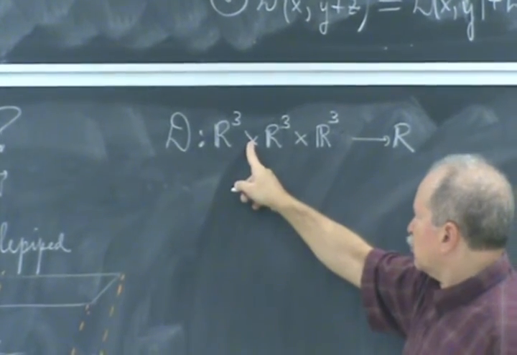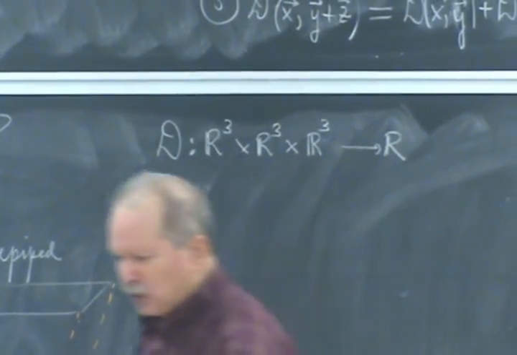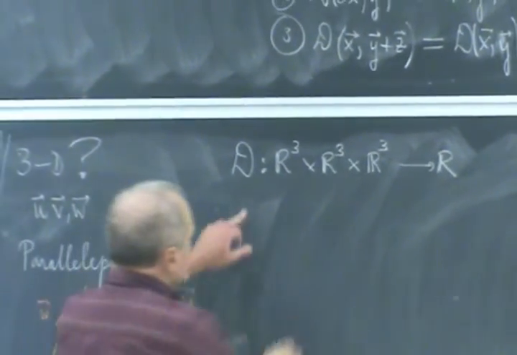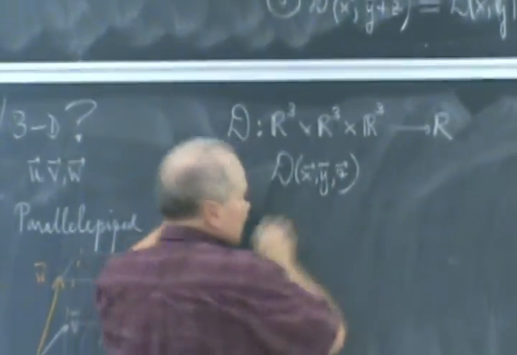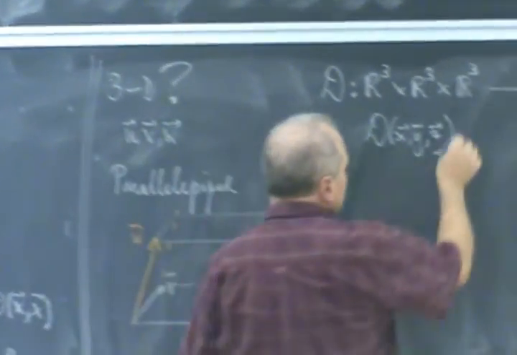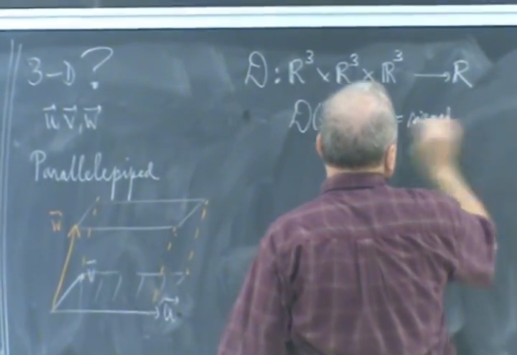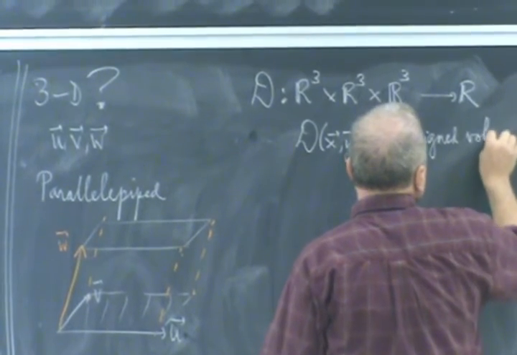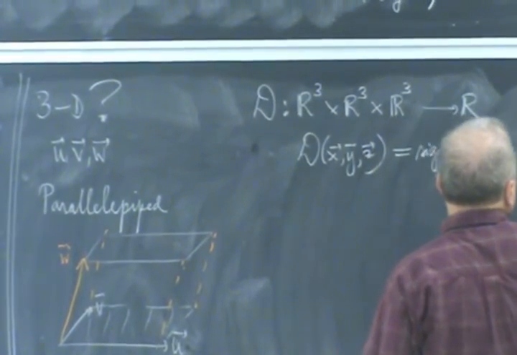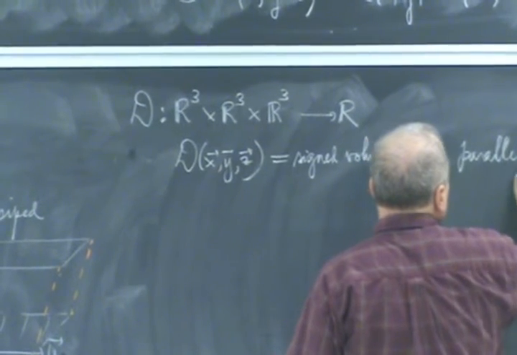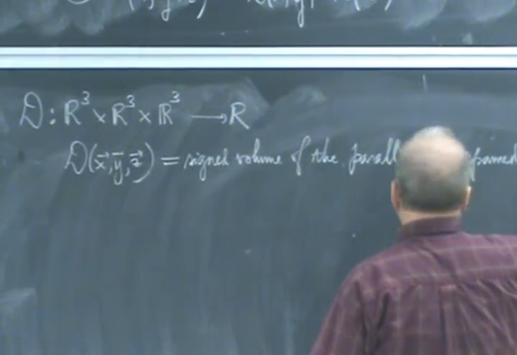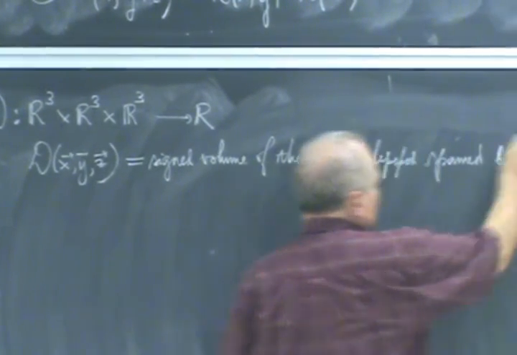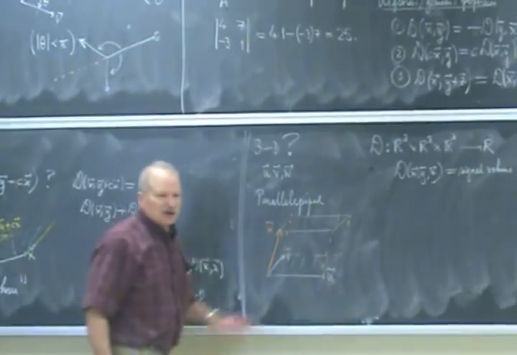So this is called Cartesian product. We won't worry about it too much till later in the course. So this is going to say d(x,y,z) is the signed volume of the parallelepiped spanned by x, y, and z.